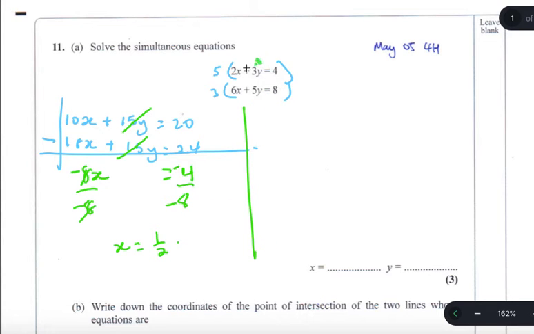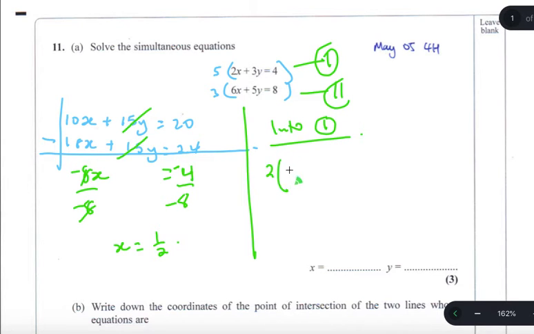Taking it back to equation 1, we shall have 2 times a half plus 3y equals 4, so the 2 can cancel with that 2, so 3y is 4 minus 1, and y will be 1. You can check.